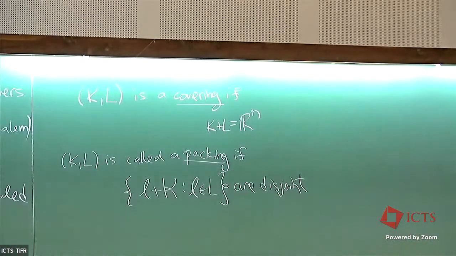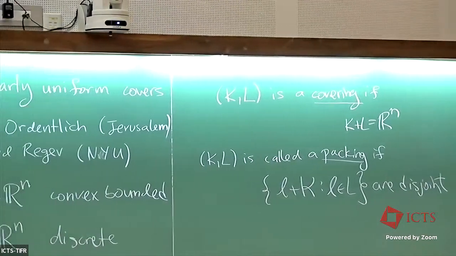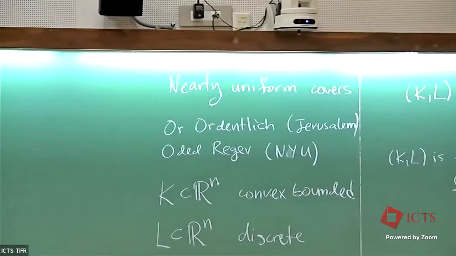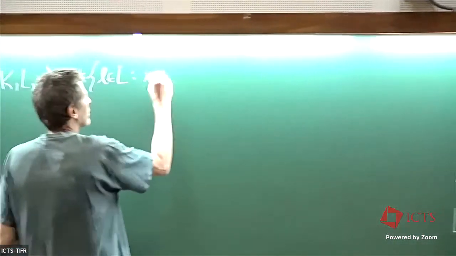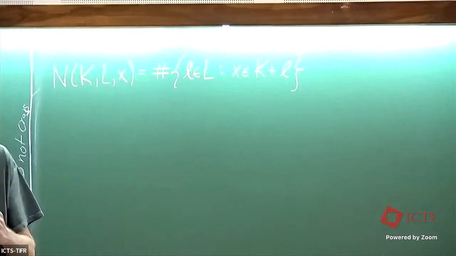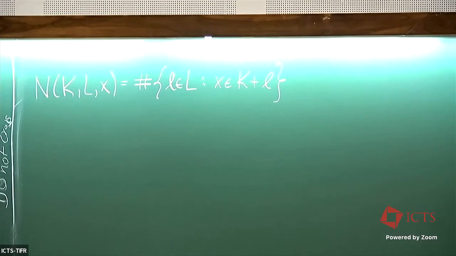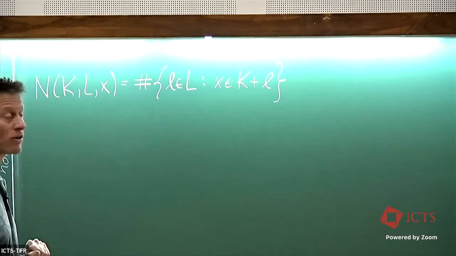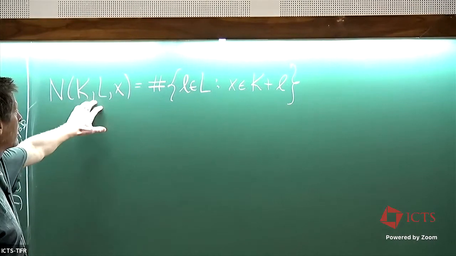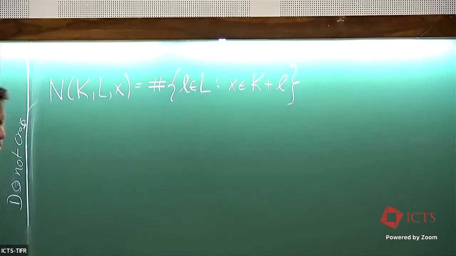There's a function, which I'll denote by N_{K,L} of x, and this measures the number of L's such that x is in K plus L. How many translates of K hit our point x? Here x is a point in Rn, K and L are usually thought of as being fixed, and x is the variable of this function.